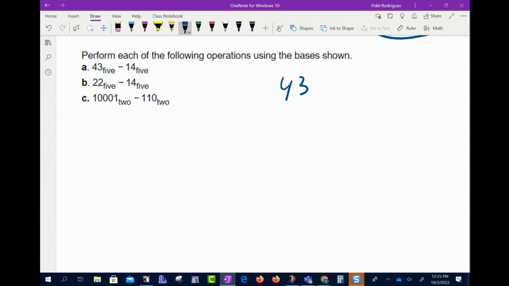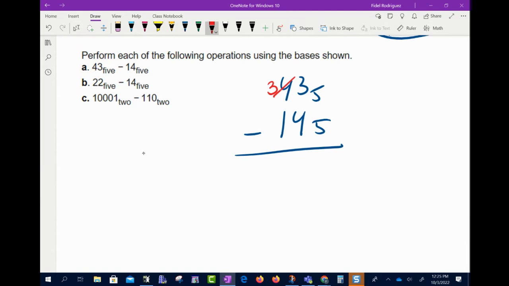Okay, so look, y'all, this is what we're going to do. We're subtracting here. Now, we're in base 5. So remember, y'all, when we're borrowing, we're not really borrowing a 1. We're really borrowing a 5, okay? So first thing is I'm trying to take away 4 from 3, and I can't do that. So I'm going to borrow from this 4. That's going to become a 3. But remember, the value that I'm borrowing is not really a 1.